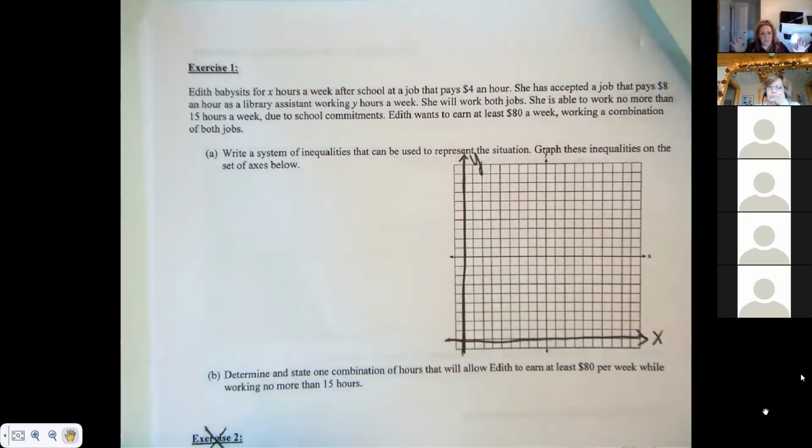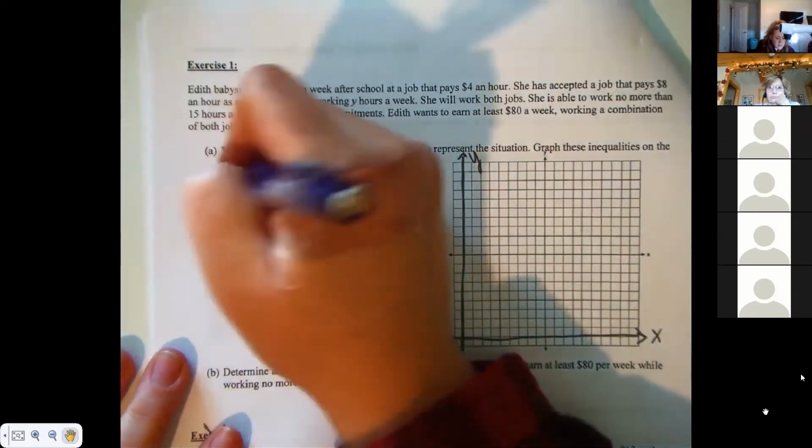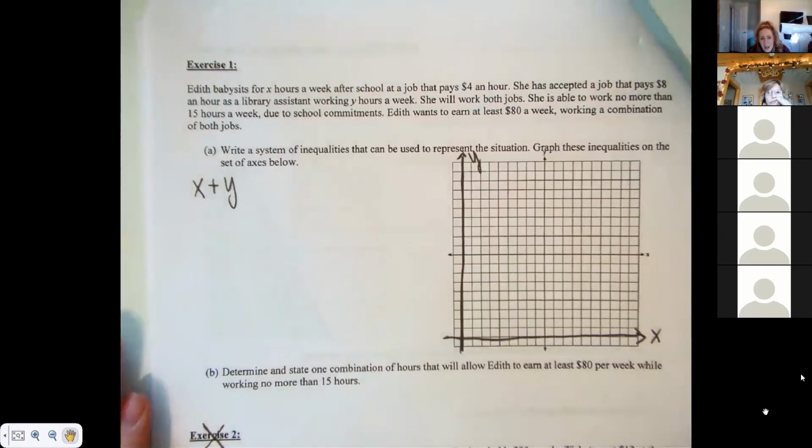But just like a normal system, the first thing I ask myself is, what is she doing, right? So she's babysitting for X hours and working as a library assistant for Y hours, okay? And notice how I'm talking hours and I just had nothing about money. And she can work no more than 15 hours a week, okay?